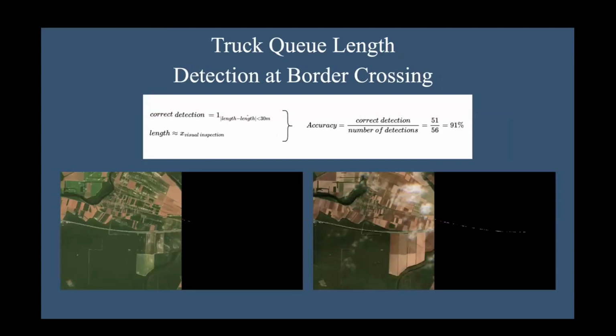So here is an example. We have an image, and then on the right side we have the detected queue. What motivated us most is to make an adaptive algorithm, as you can see on the right side.